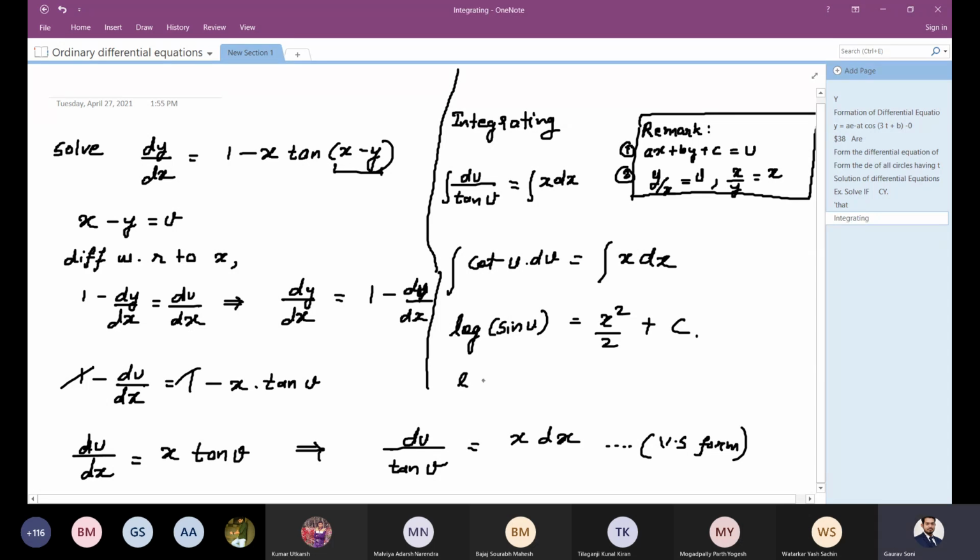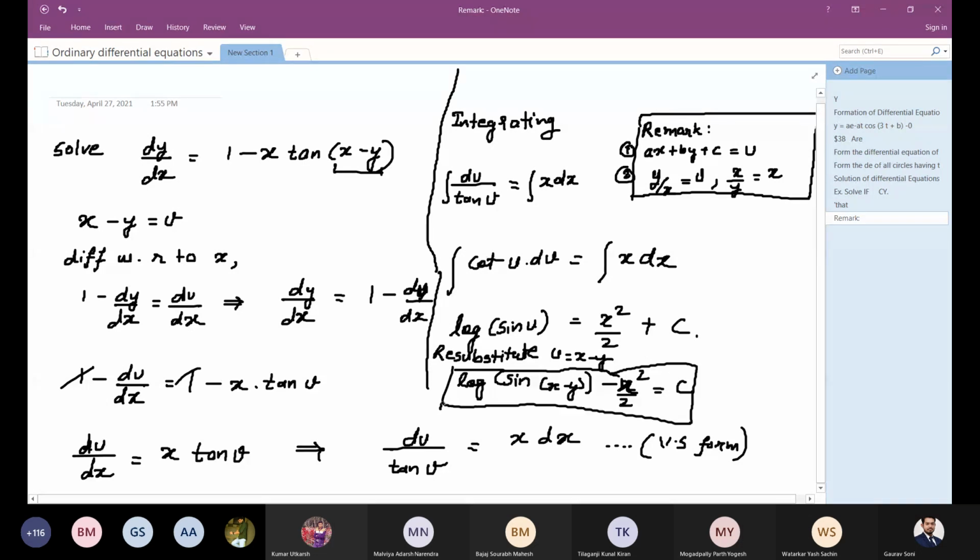Resubstitute the value of u, u is equal to x minus y. So log of sine of x minus y minus x square by 2 equal to c. I hope the idea is clear to everyone.